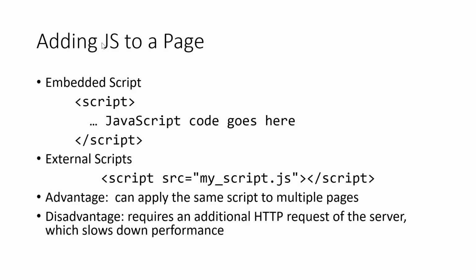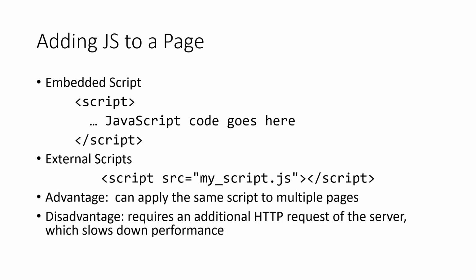Now let's look at how to add JavaScript to the page. When you want to have the code within the document, we can use the script element, and within the script element, you can type JavaScript code.